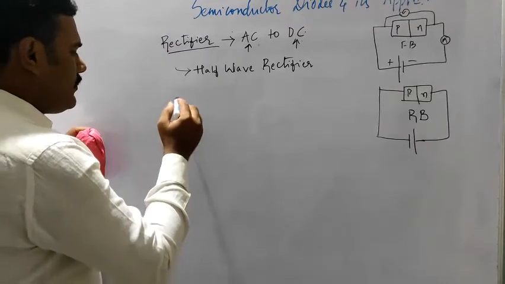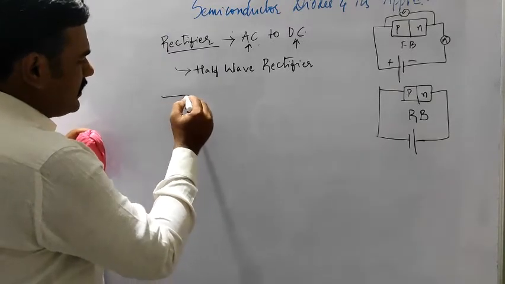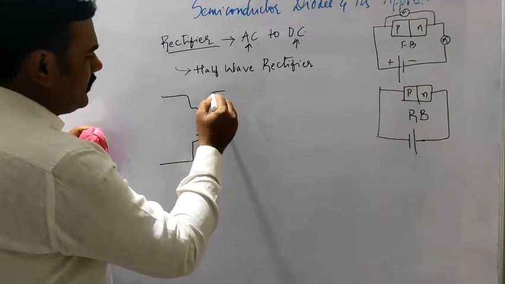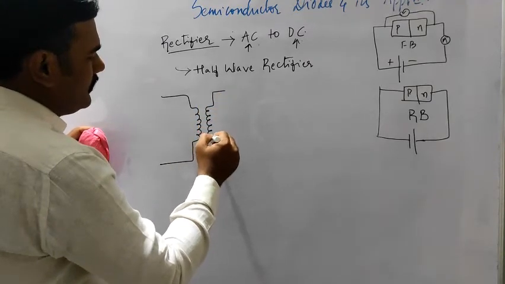So the circuit diagram of half wave rectifier is somewhat like this. We have a transformer. We use a step down transformer.